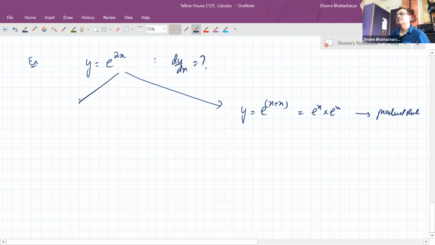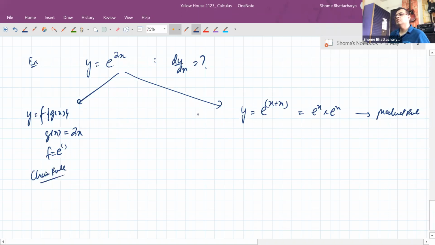Or the other is I can express it as f of g of x, where g of x is 2x and f is exponential. Okay. So then I can use the chain rule.